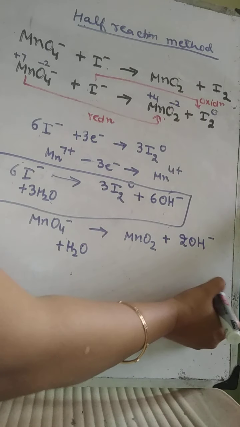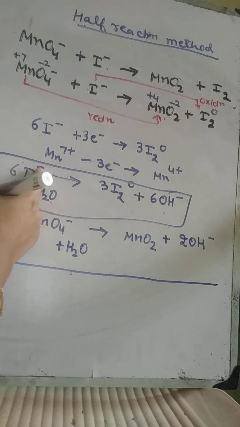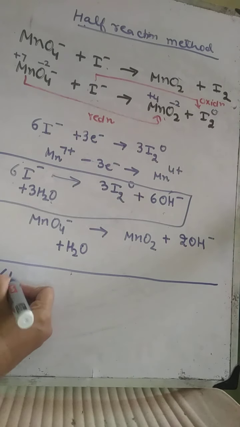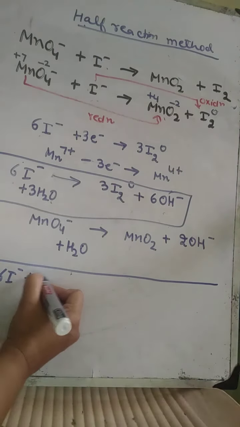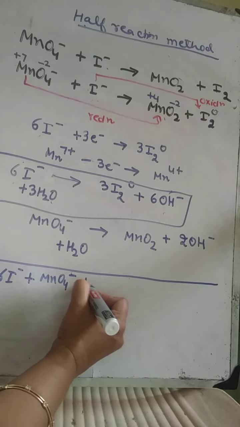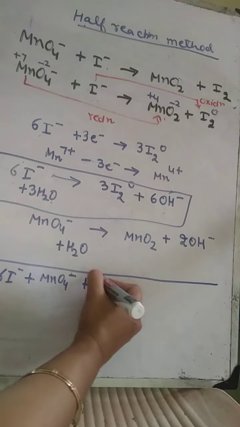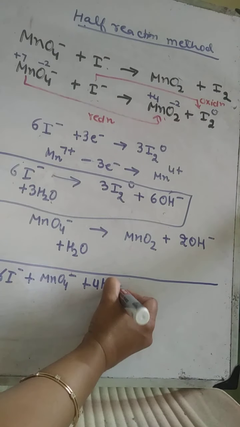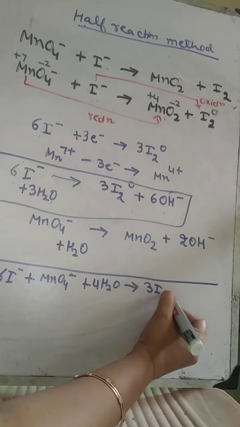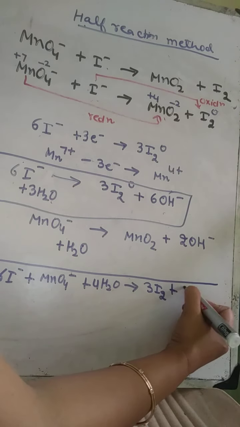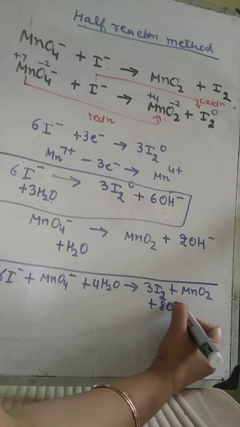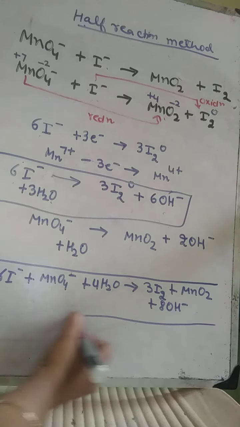Now all I need to do is I need to add these two equations. So total I will get 6I negative plus MnO4 negative plus 3 plus 1, 4 water will give me 3I2 plus MnO2 plus 8OH negative ions.